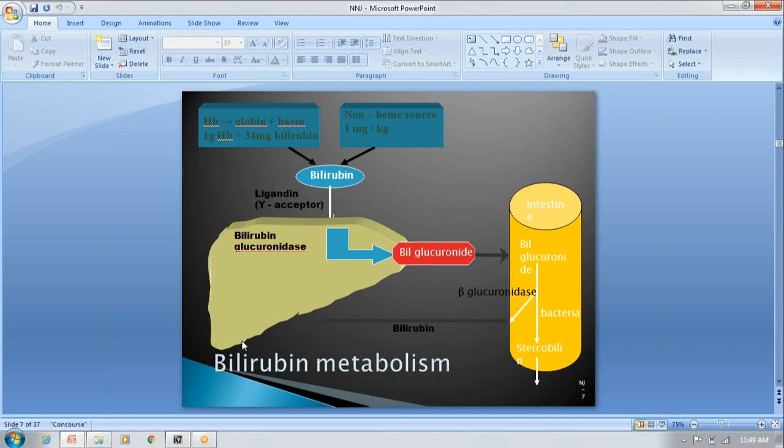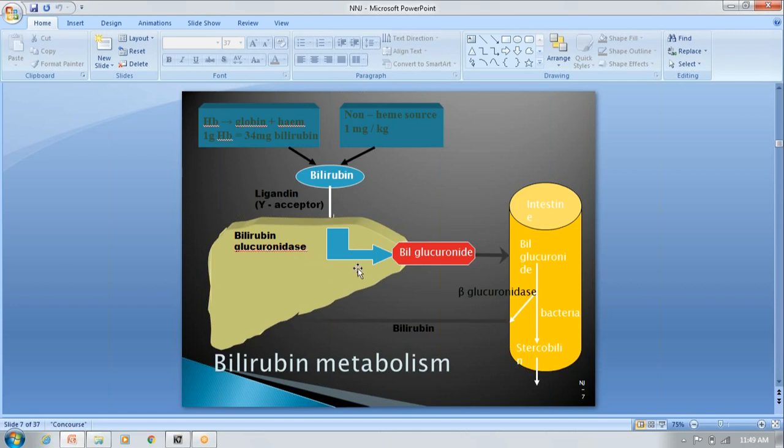That bilirubin is taken up in the blood by combining with albumin, and later taken up by the liver. This liver uptake is by the Y acceptor, ligandin, and with the help of the glucuronyl transferase enzyme, bilirubin combines with glucuronic acid, giving rise to mono- or diglucuronide products.